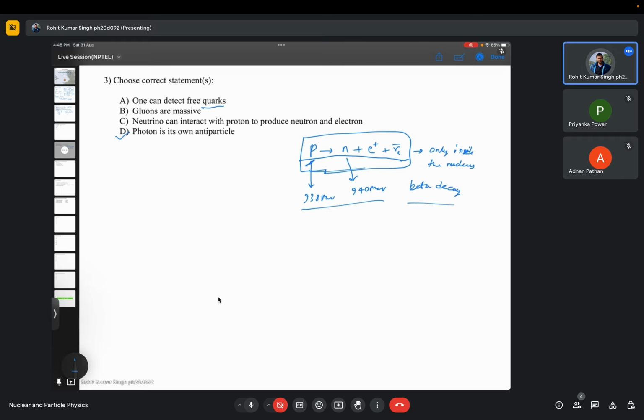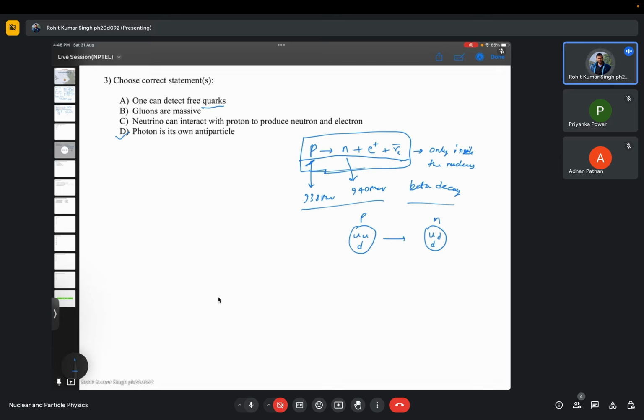Like in particle physics terms, you have a proton, you have a UUD quark, and you get a UDD quark, right? This is proton, this is neutron.